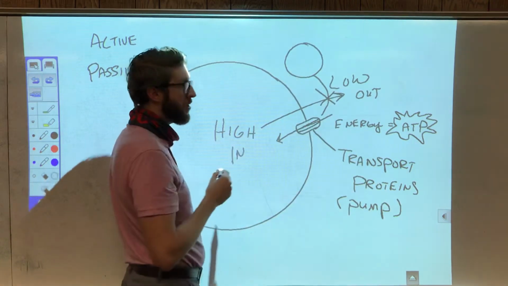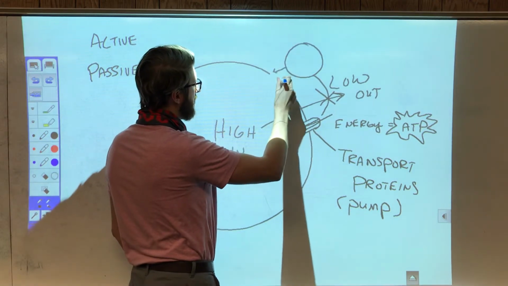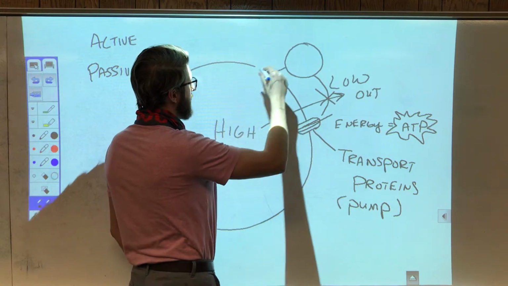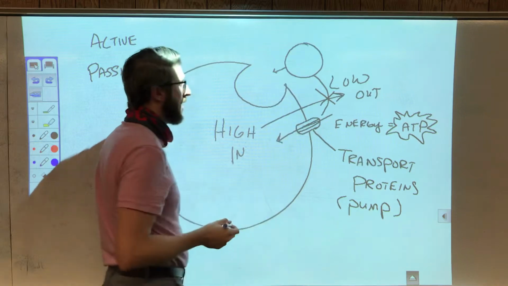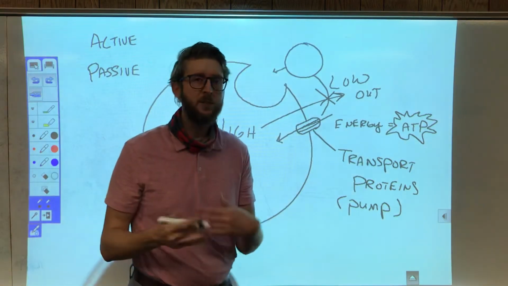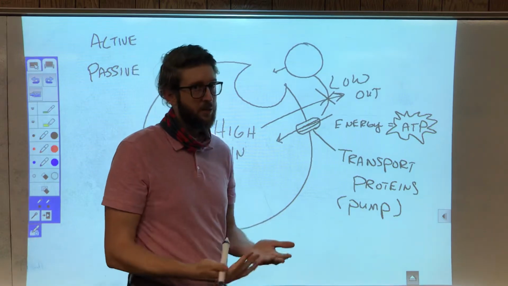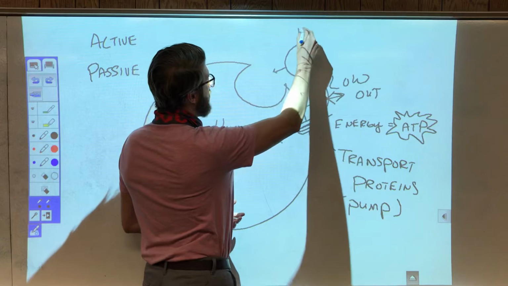So the only way to do it is to literally break down the wall, get the thing in, and then build the wall back. Now the cell membrane is very squishy and fluid. So this isn't actually a big deal like you might think it would be. So step one kind of looks like this.